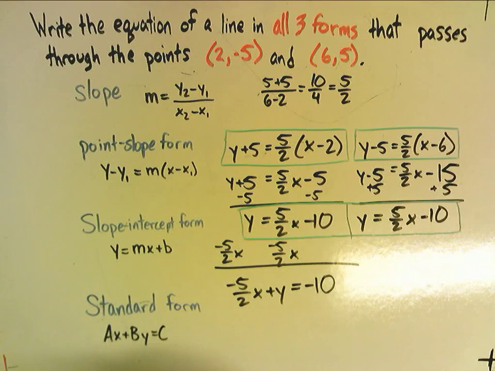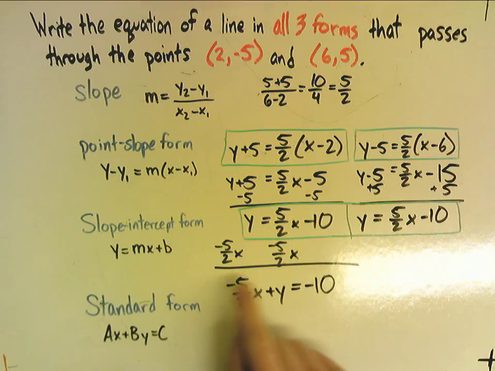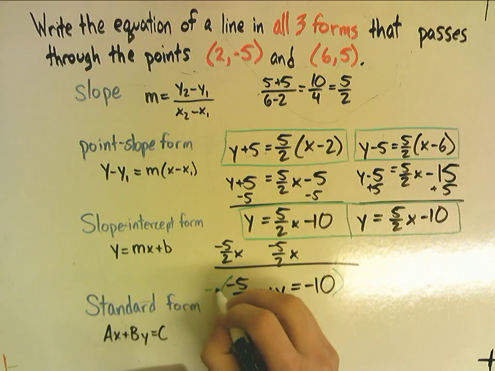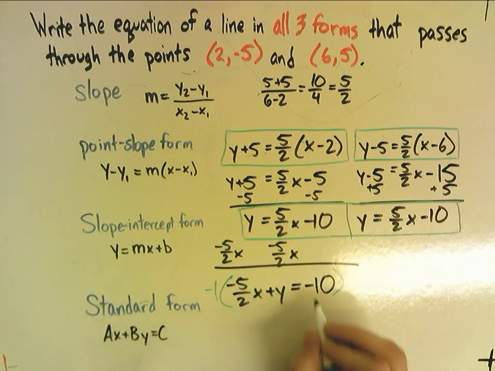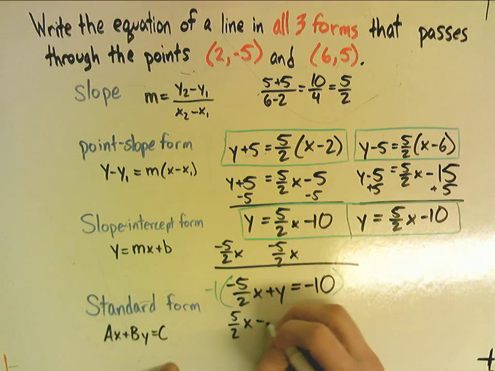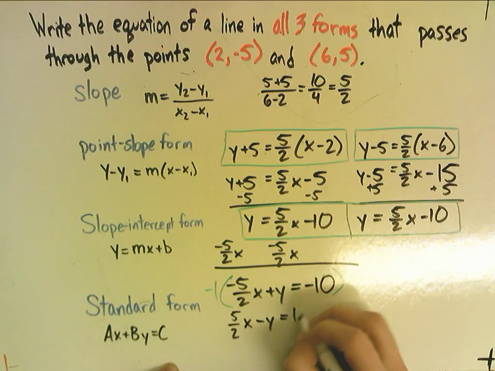We have to make sure that we follow 2 specific rules for standard form, all right? The first rule is that we are not allowed to have a negative a value, so this leading number up here cannot be negative. The other rule is that we cannot have any fractions, all right? So we have to get rid of our negative symbol, we can multiply the entire thing by negative 1, and that's going to switch all of our signs. So this would become 5 halves x minus y equals a positive 10.